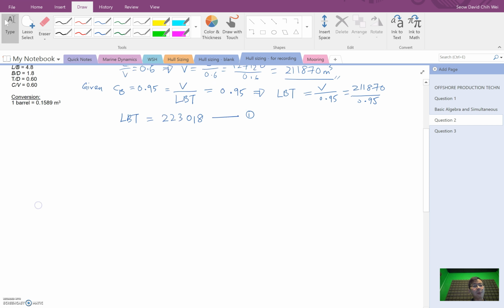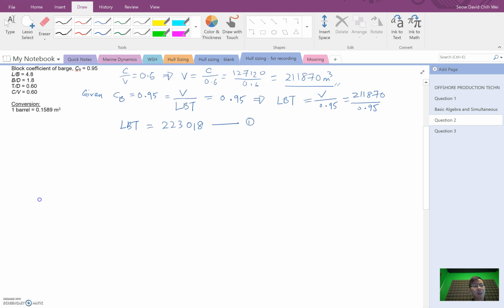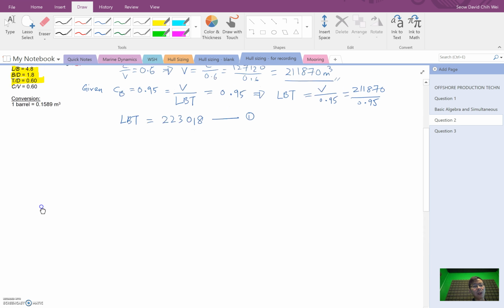Okay, next I'm going to use all the parametric equations given over here. L over B, B over D, T over D, these three equations, and rearrange. And I'll try to see whether I can substitute out some of them. And in this case, you can observe there's D here, which I can substitute out from B over D and T over D. So I need to do a little bit of pattern recognition.